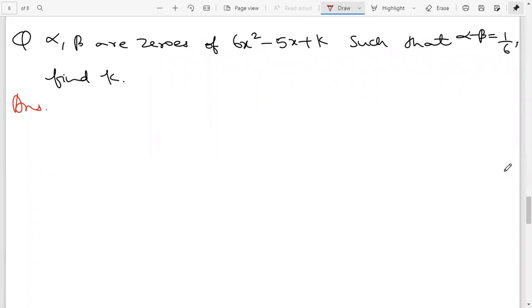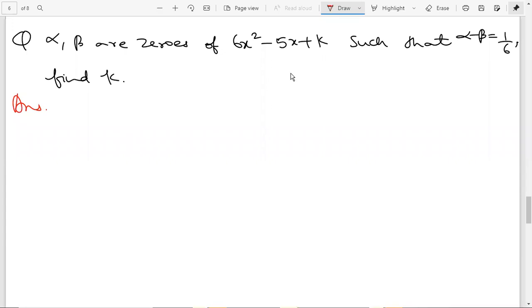So how can we find the k value? K is 1. Okay, Tushar, good.